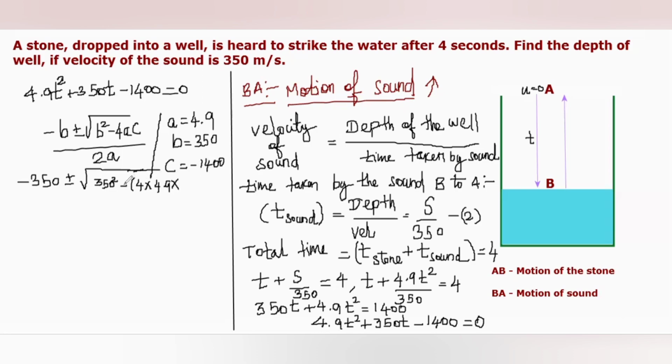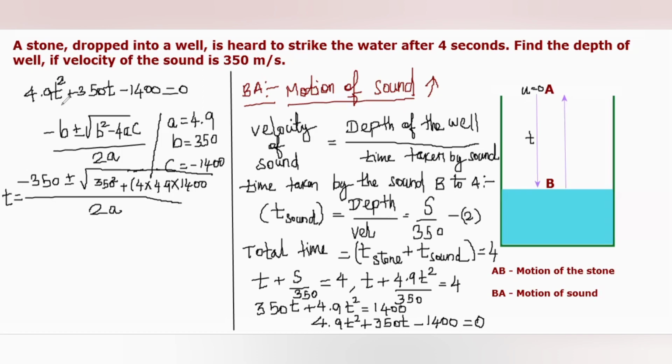Minus and minus is plus 1400, whole divided by 2a.